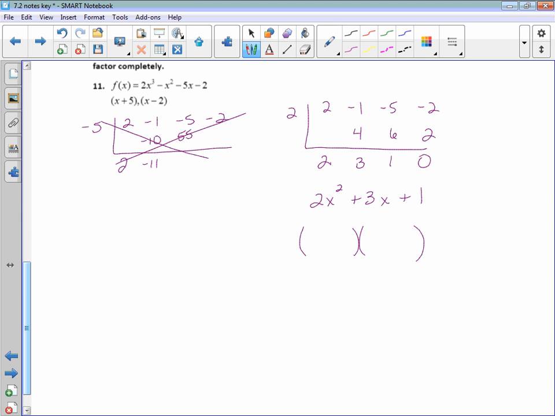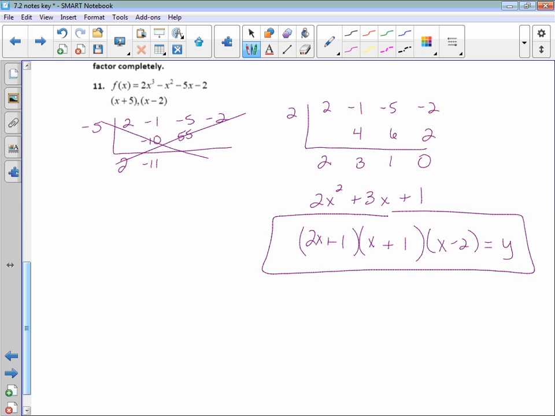I can print you some extra practice to do. And then guys, don't forget the x minus 2. Don't forget the one that's given to you.